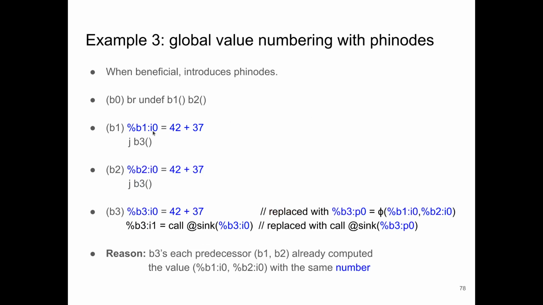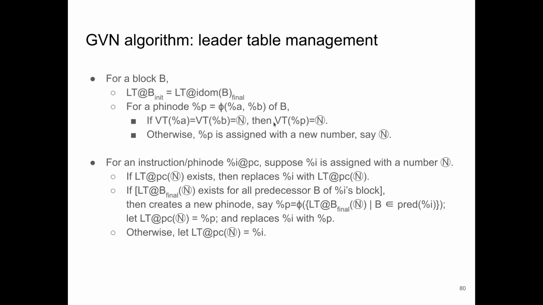This is numbered with 2. This is numbered with 2. And here, if there were a phi node, then this and this have the same value, so same number. So the phi node should have the same number too. So this is basically the meaning of this case.